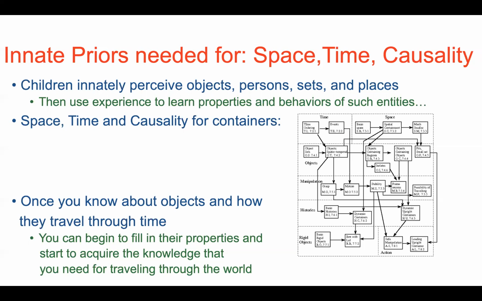There is a certain innate ability to perceive objects, persons, sets, and places. And we just saw the space-time causality priors for containers. So this could all be innate knowledge. Once you know about objects and how they travel through time, you can begin to fill in their properties and start to acquire the knowledge that you need for traveling through the world. So you build on top of that.